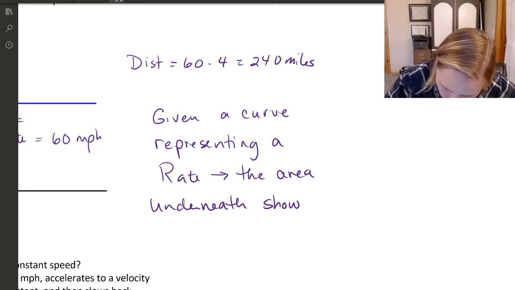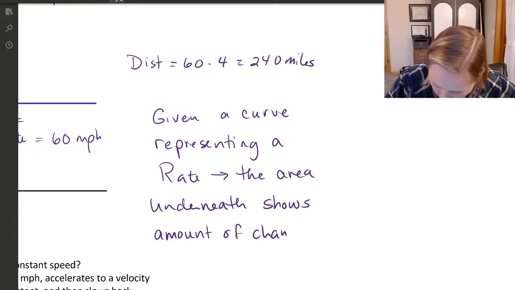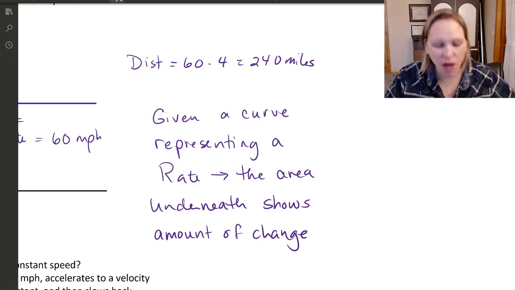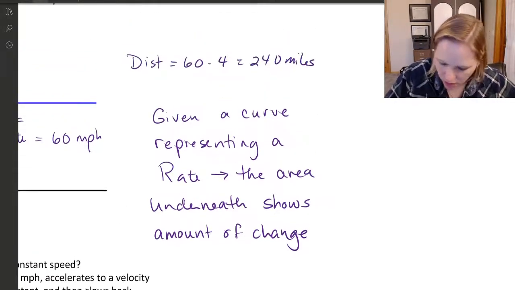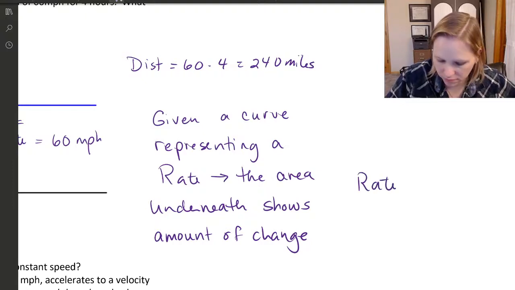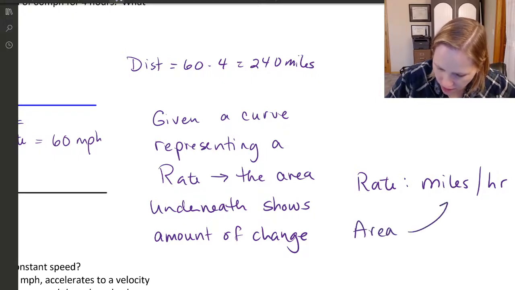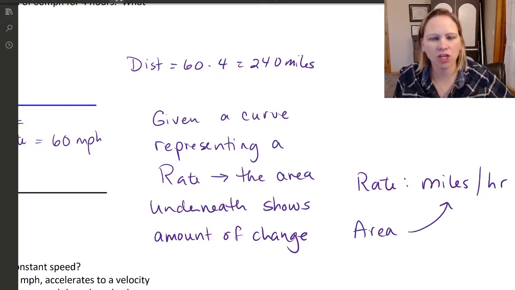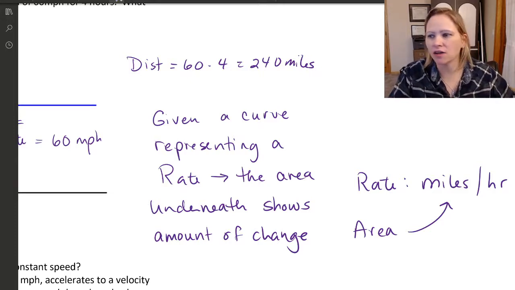So the area underneath shows the amount of change. Here, our rate was miles per hour, so the area represents the total amount of change in those miles given that rate. That's kind of an introduction into what Chapter 5 is all about.